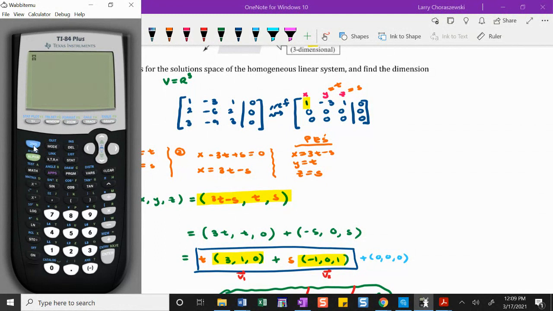All right, so we'll press second and then the X inverse key. Are you seeing this menu? Yes. Okay, let's go to the edit column. This is where we can create this matrix. I'll select matrix A. You can press enter. It brings you to this screen, and the calculator wants to know what size of the matrix it's going to be using. So there are 3 rows and 4 columns in this augmented matrix.